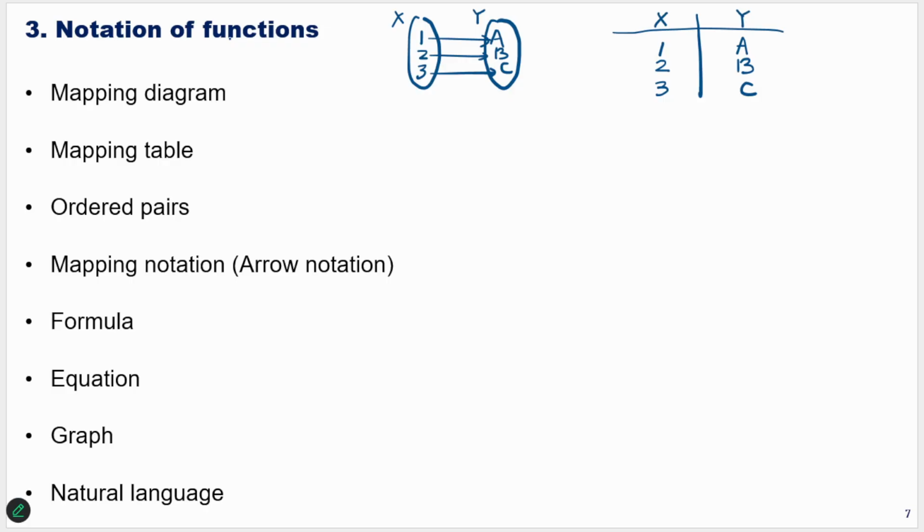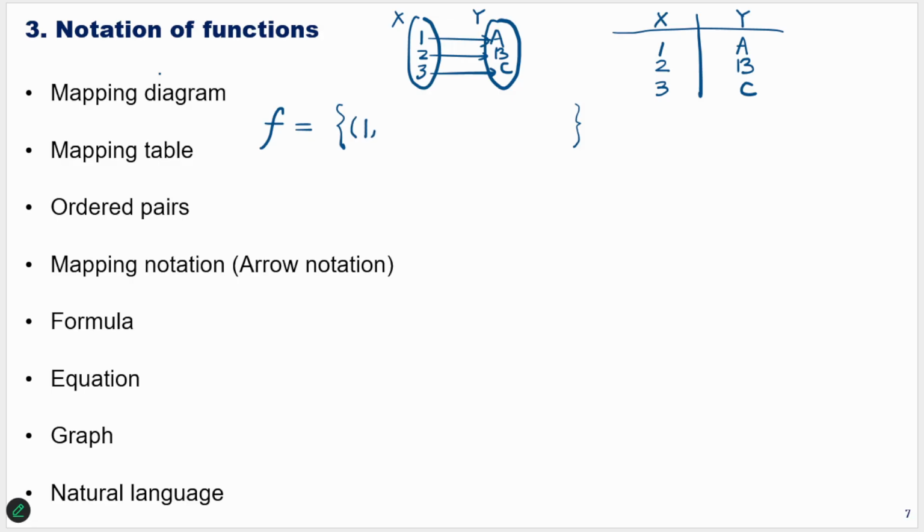And the third method we can use is called ordered pairs. So we'll use different notation to express the same function. So in ordered pairs, we can write it like this. First of all, we can give it a name. So let's say the name of this function is f. F equals a set of ordered pairs.